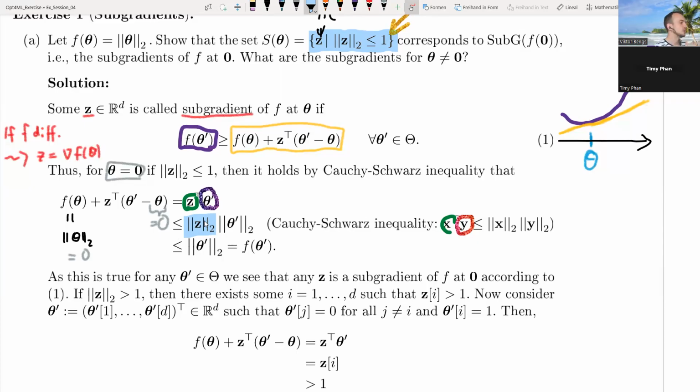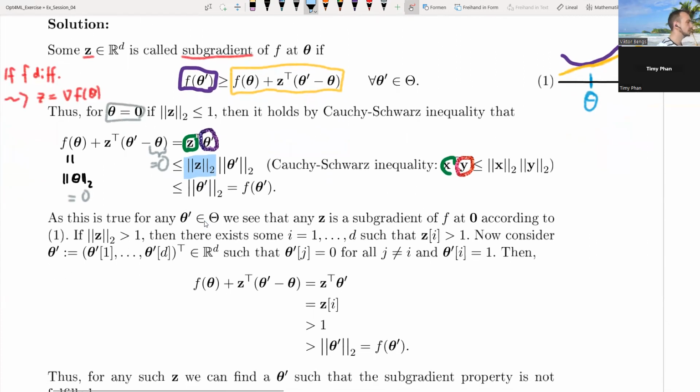Now we have to think about whether there can be more than that. Is it possible that perhaps a vector with Euclidean norm not bounded by 1 is also a subgradient? We will see that this is not the case.